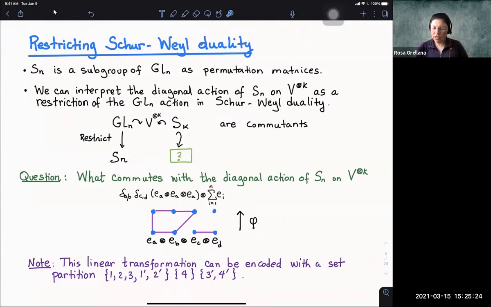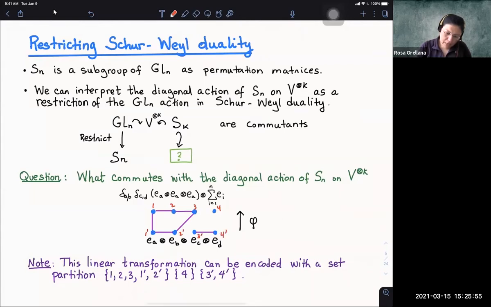So connections are a way to encode the linear transformation, this picture right here. And one thing that people do is that this linear transformation can be encoded with a set partition. The reason is that you can label the vertices 1, 2, 3, 4, and 1 prime, 2 prime, 3 prime, 4 prime.